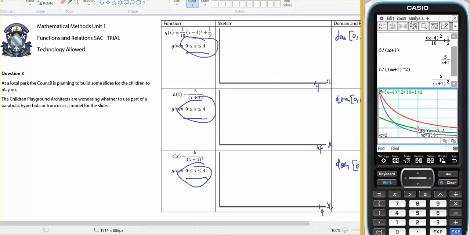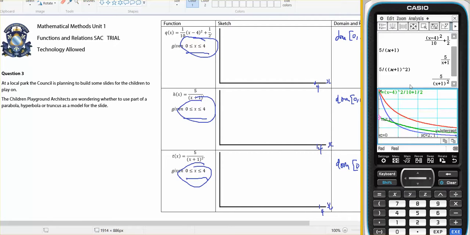So if I go analysis, G-solve, and I'm looking for y-intercept, it's asking me which one do you want. I want the green one, so I keep on going up and down until I get the green one. Then I press EXE and it tells me it's 2.1.